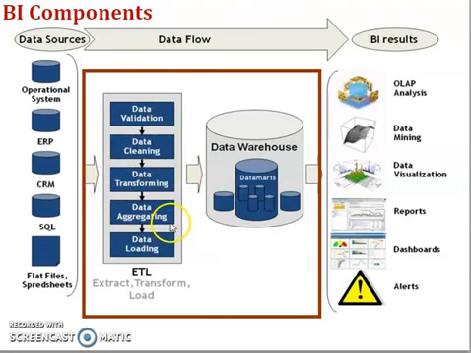Then comes the data aggregation. Normally what happens is in the data warehouse, we are holding the day-to-day transactions. If we want, we can hold them, but most of the time they are irrelevant for analysis purposes. What is more important is day-wise consolidated data, week-wise consolidated data, or branch-wise consolidated data.